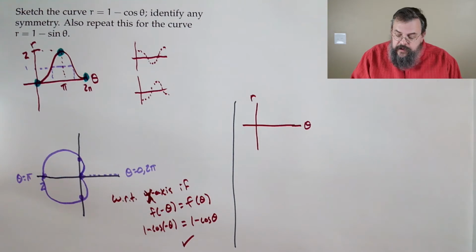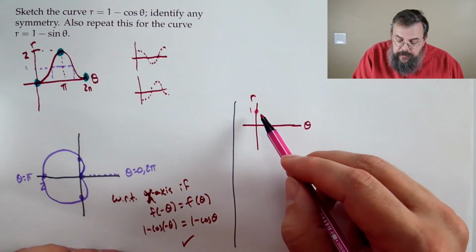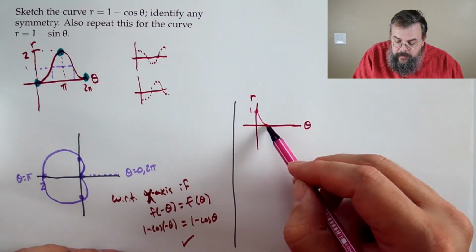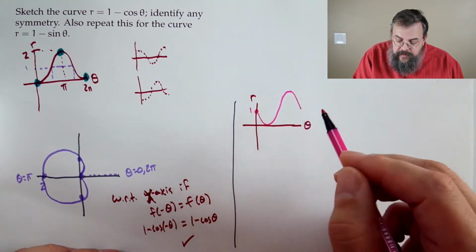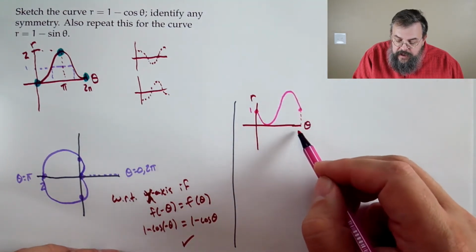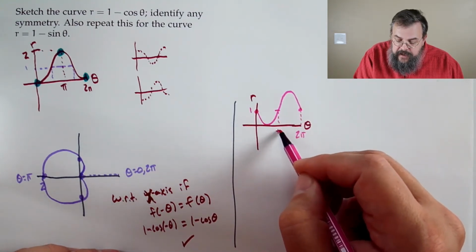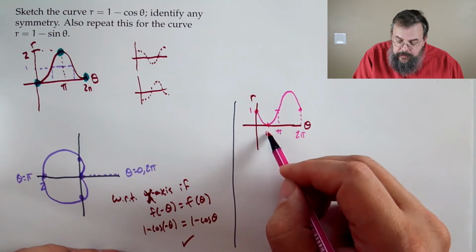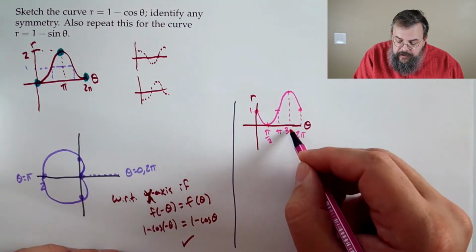Let me grab a color here. We're going to start here at 1, and then we come down, and we go up, and we come back, so that this point will be at 2 pi. And then here is pi, and we should mark some additional points, pi halves and 3 pi halves.